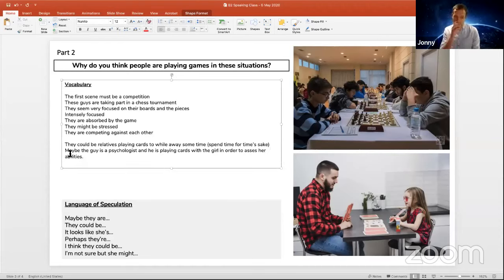Yeah, it could be. Good idea. So maybe he's a psychologist and he is assessing her abilities. Okay, good. Anybody else? Any other ideas?